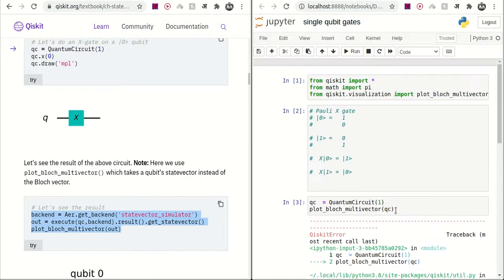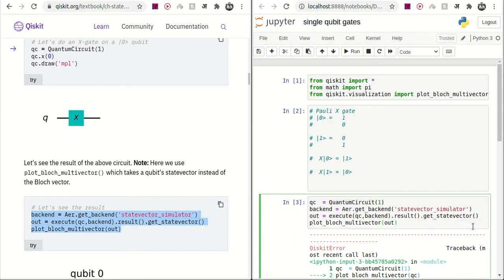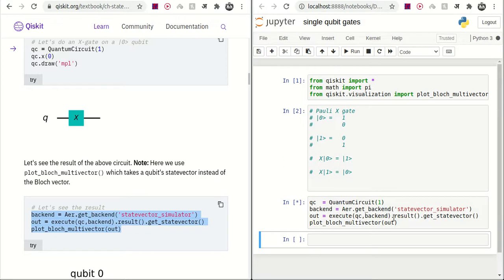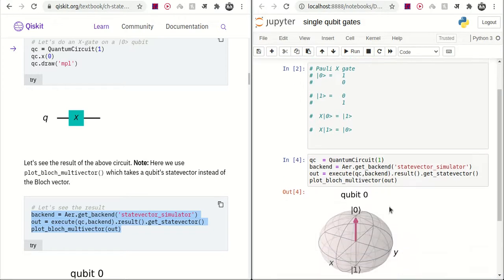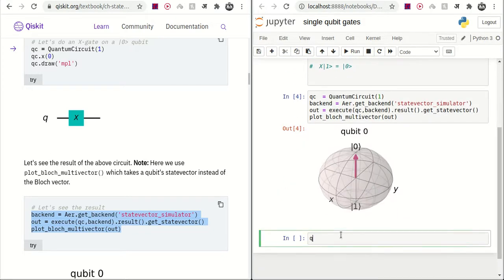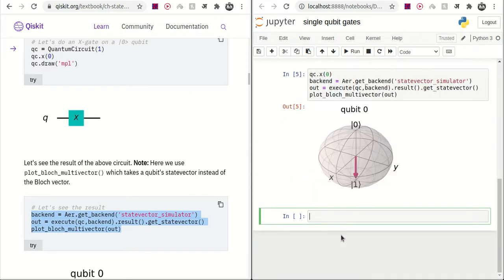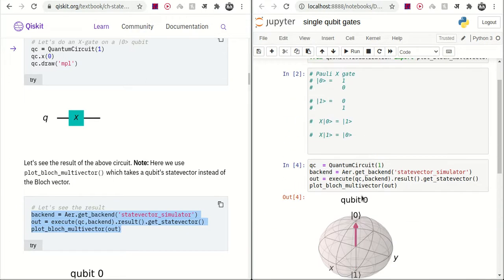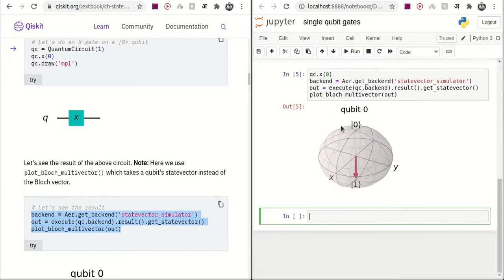Even without applying any operation, this is the state vector simulator, and we print it as qubit 0. Now we just put x 0 and do it again, so it is 1. So you can see how we reversed it.